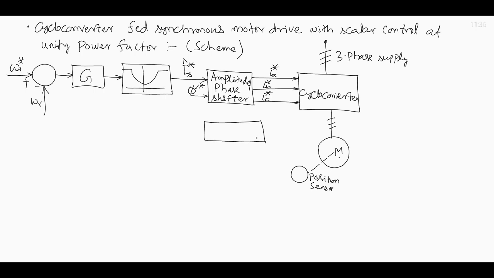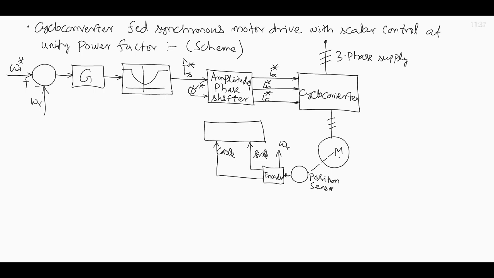From the position sensor the signal goes to the encoder. The encoder generates the unit vector, that is cos theta e and sin theta e, and also generates the actual rotor speed omega r.